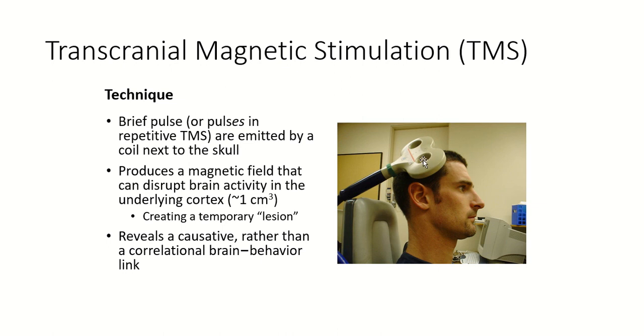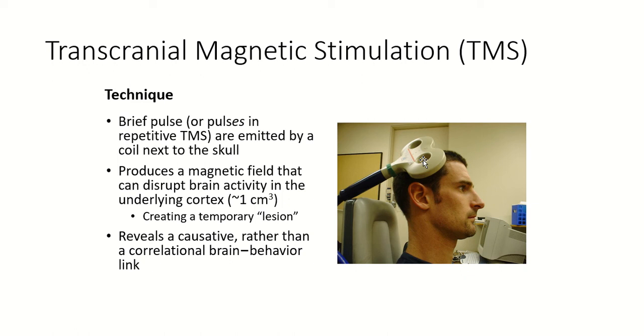And then what that can be used for is to ask the question, if area such and so is involved in speech, then it should be that if somebody is talking and you zap that area, now their speech is going to be disrupted. Or, if this area is involved in vision, then if we zap this area, the person reports having a distorted vision.